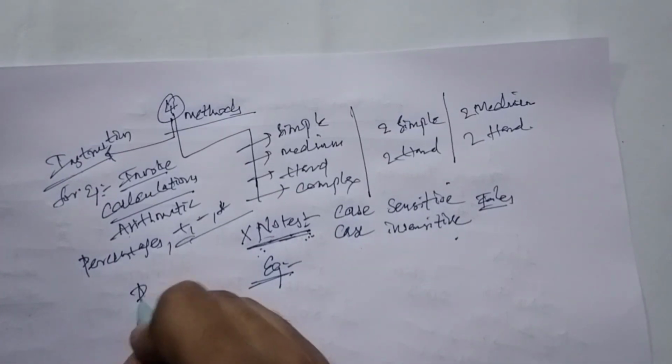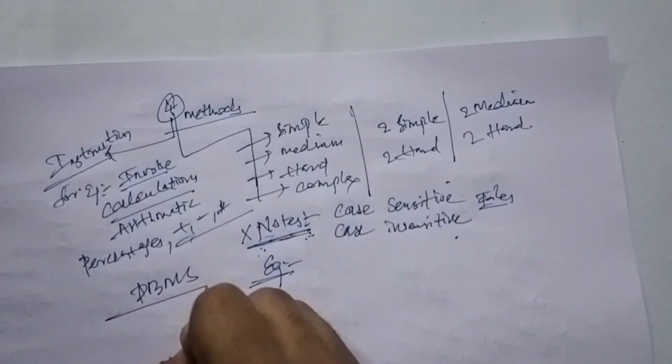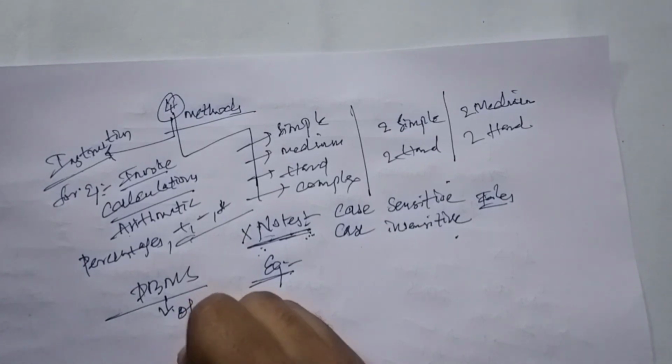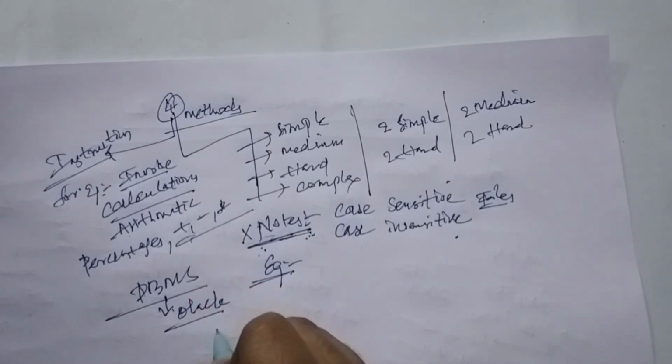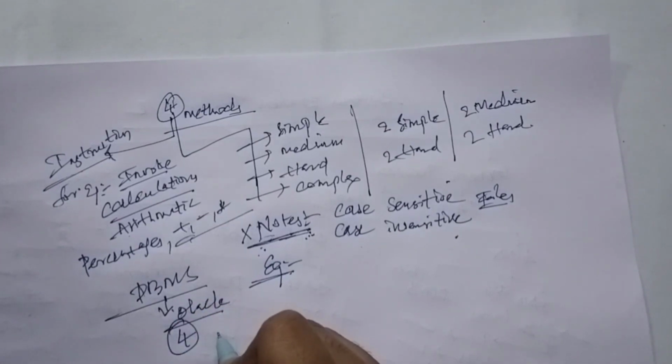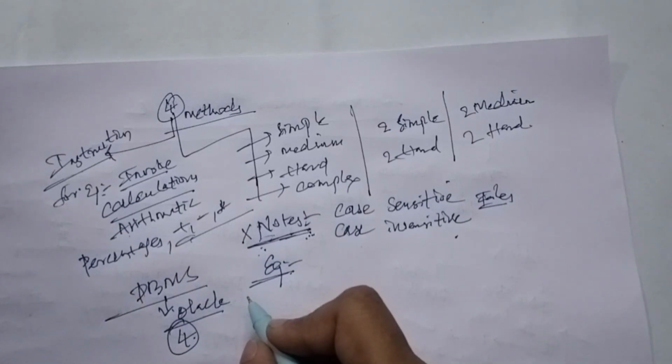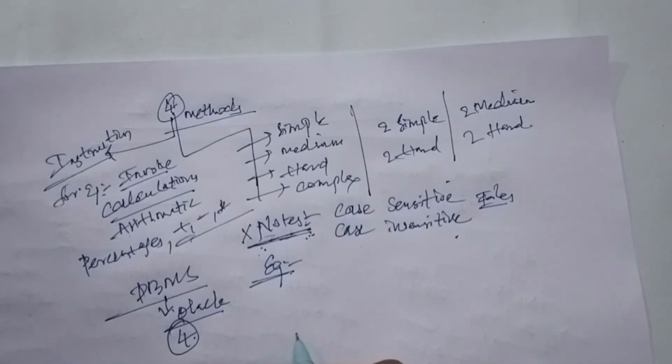Now coming to the DBMS part, in this they will give you 4 questions for which you need to write 4 queries. In this DBMS they will deal with the Oracle database, so you need to write Oracle queries. These 4 queries will be in the same categories: simple, medium, hard and complex.